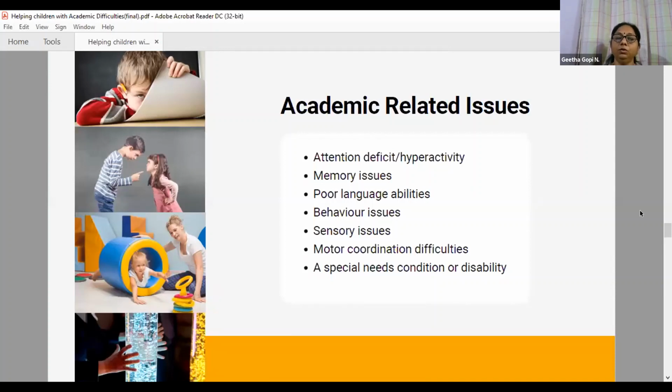And the most prominent of them include having attention deficits, being inattentive in class, daydreaming, hyperactivity, that is being unable to sit at a task and complete tasks on time, shifting focus from activities very frequently. There could be memory issues, which is very low retention of what is being learned.